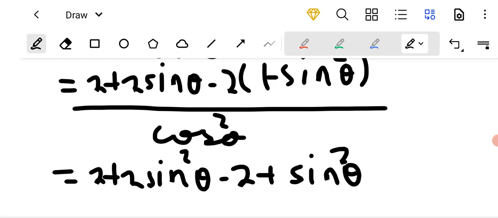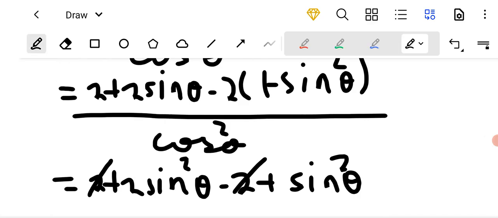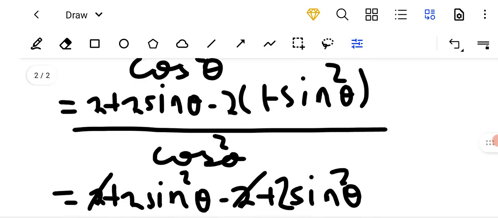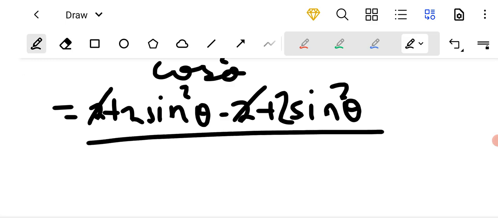Then what you can see here is the positive 2 and the negative 2 cancel, and then 2 sine theta squared, then here it's supposed to be 2 sine theta squared, because we are distributing this negative 2 in this bracket, and because it's a negative sign there in front of sine theta squared, it's going to become positive. So positive 2 sine theta squared, like that. You divide by cos theta squared.